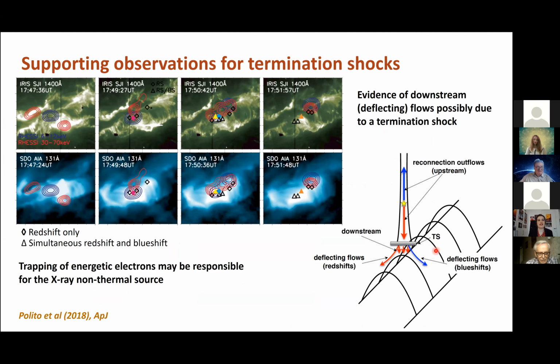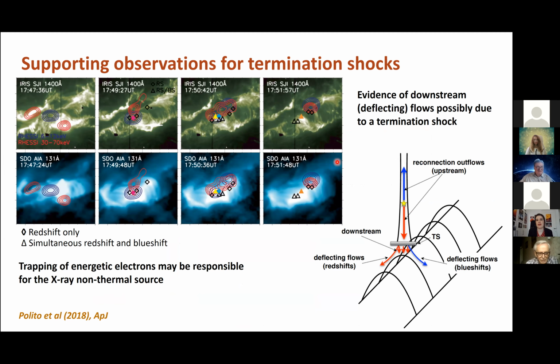So this was seen in the late phase of the flare. You can see here at the beginning of the flare, the X-ray emission seen in red and blue. We have red footpoints, so high energy footpoints, as we expect. But later in the flare, this emission is really coming from the top of the loop.